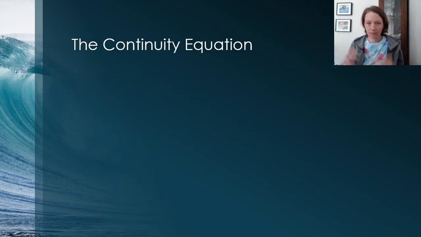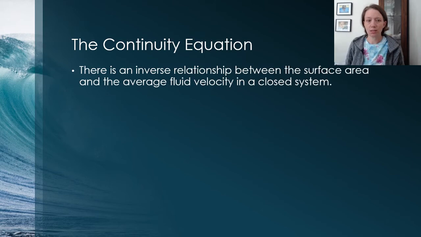Okay, so from these ideas of these relationships between the area of the pipe and the velocity of the fluid, we derive this equation known as the continuity equation. It basically comes from the fact that there is an inverse relationship between the surface area of the pipe and the average fluid velocity of the pipe at any location.